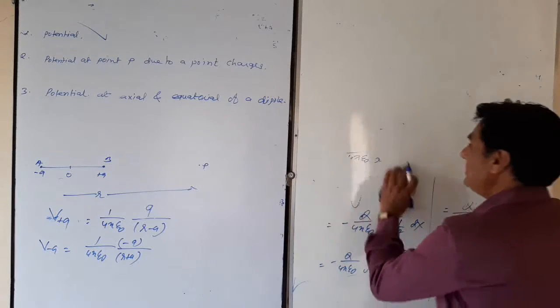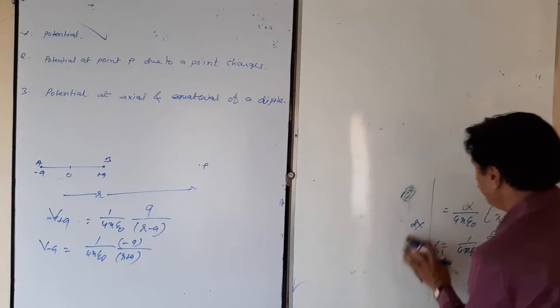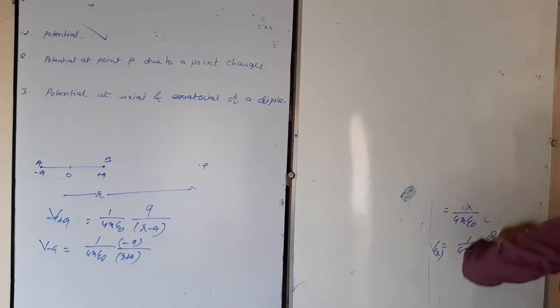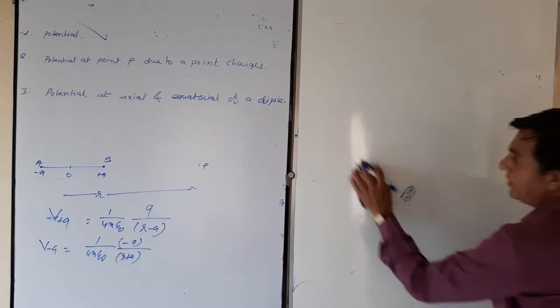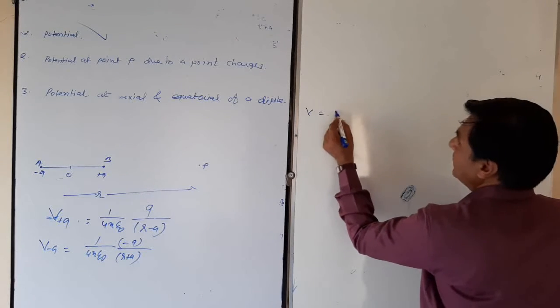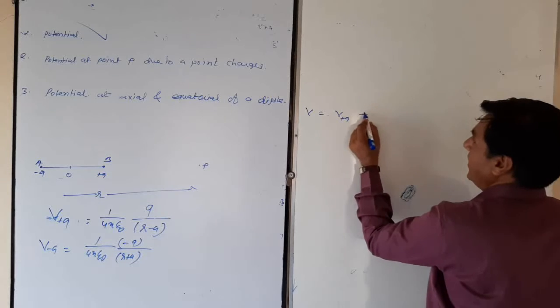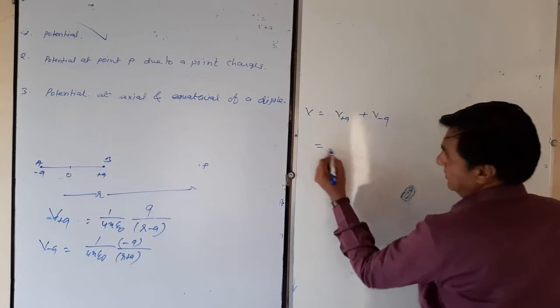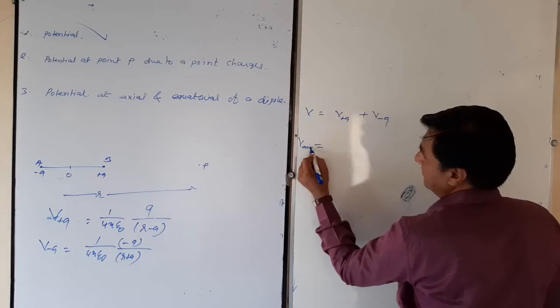Now potential at axial position due to both the charges, that is due to the dipole, V is equal to V due to plus Q plus V due to minus Q. It is V at axial position.